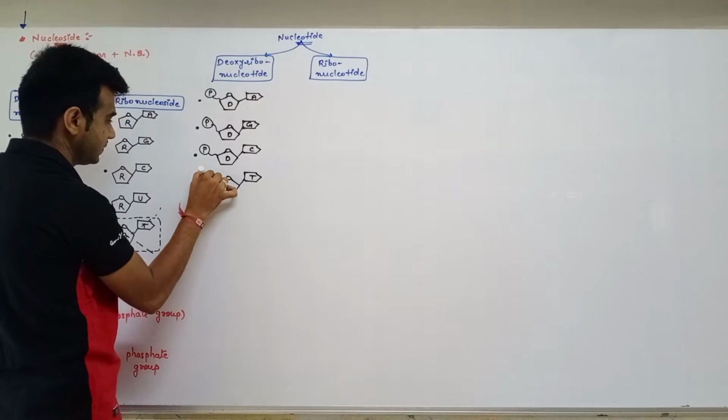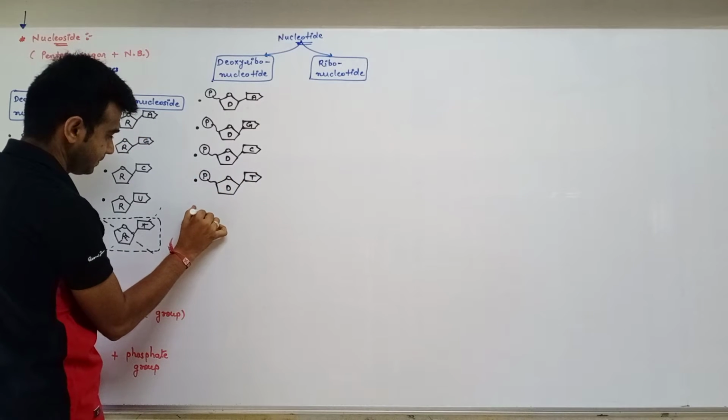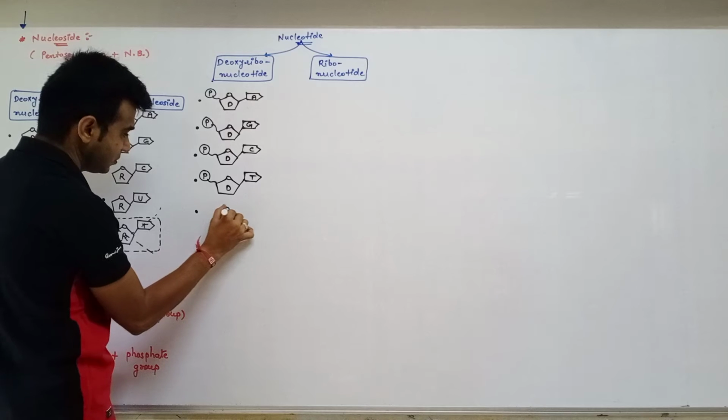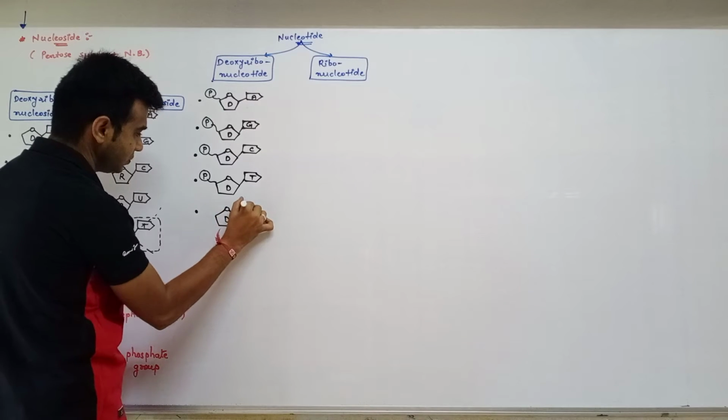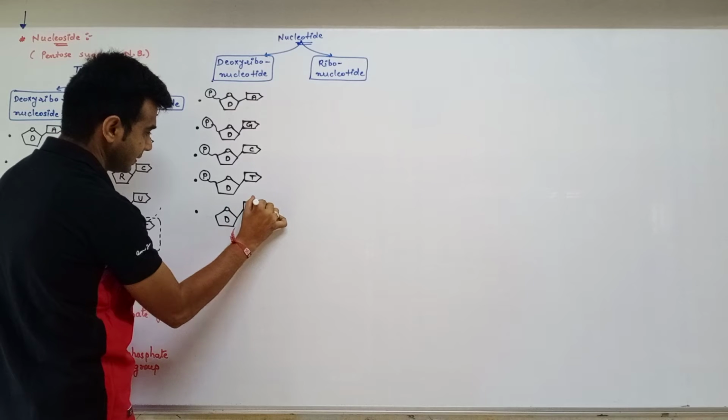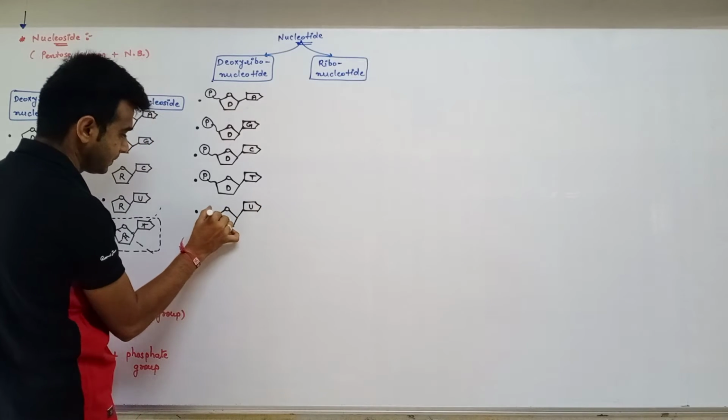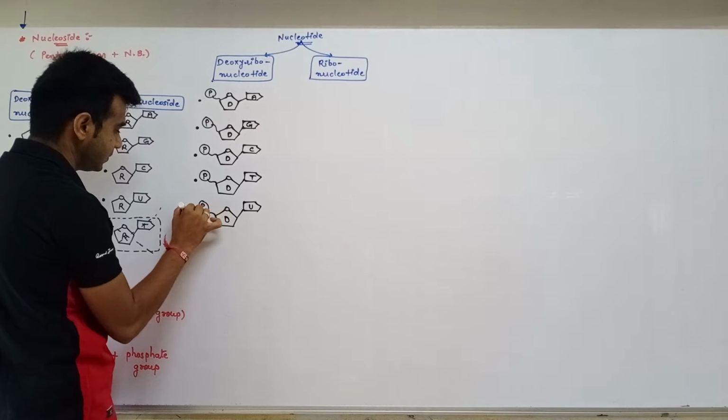Thymine, here the phosphate group is there. Here it is not possible at all: deoxyribose sugar with uracil and phosphoric acid.